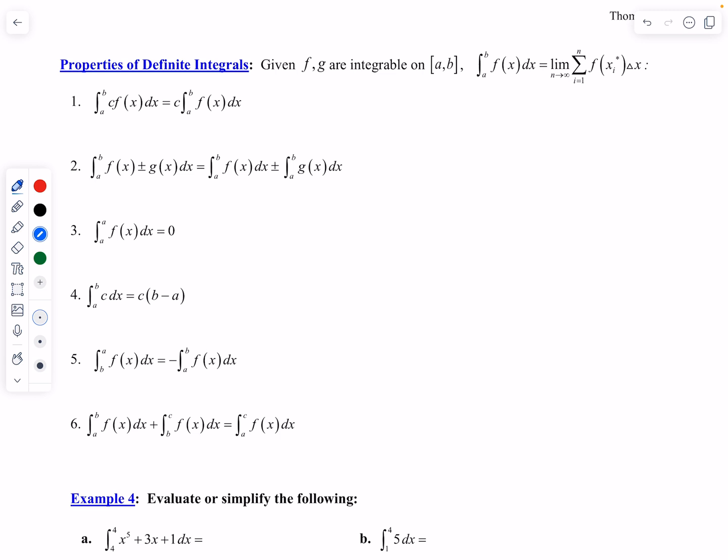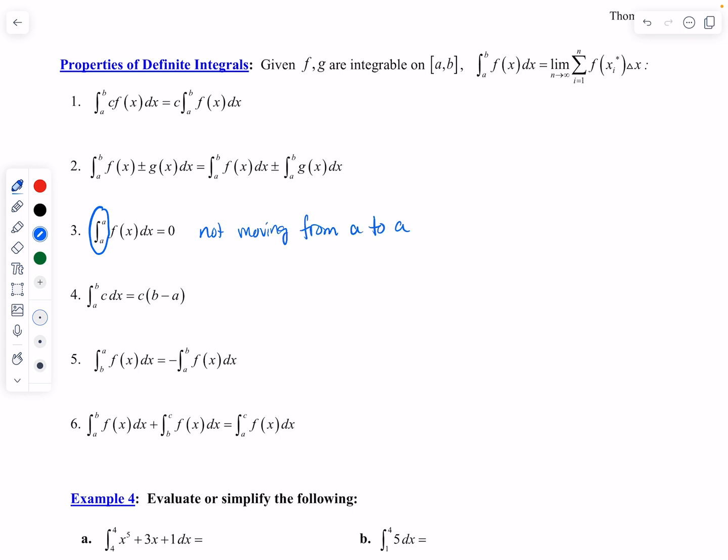3, if I'm integrating from a to a of f of x dx, that equals 0. Remember, this is giving me area. So this doesn't even make sense because I'm not moving. My values are a to a. So this makes sense that it's 0, not moving from a to a.